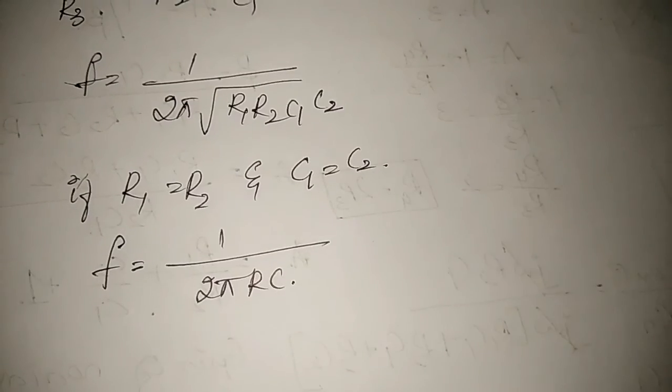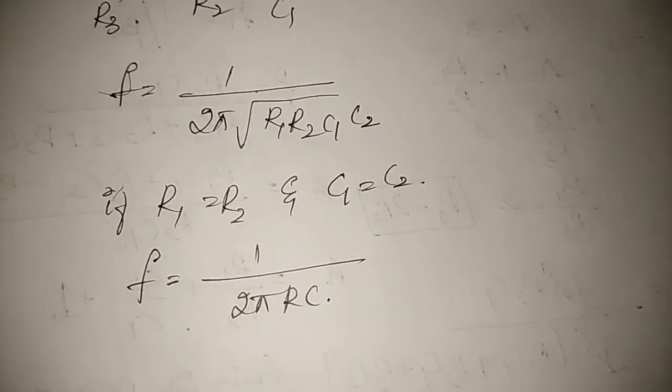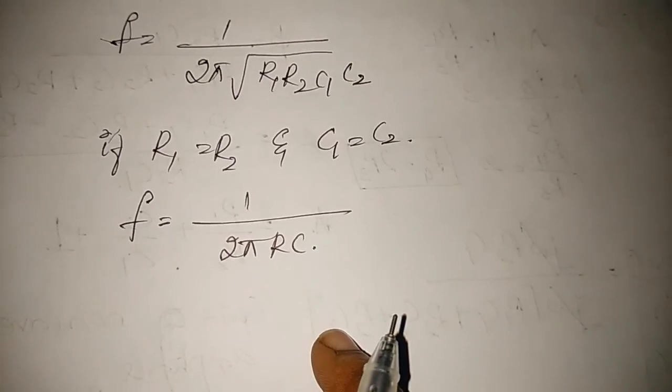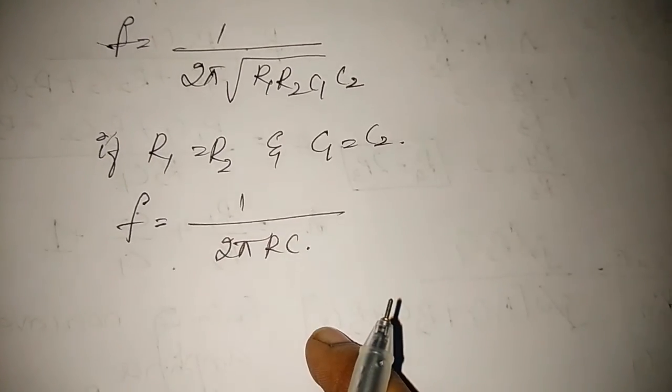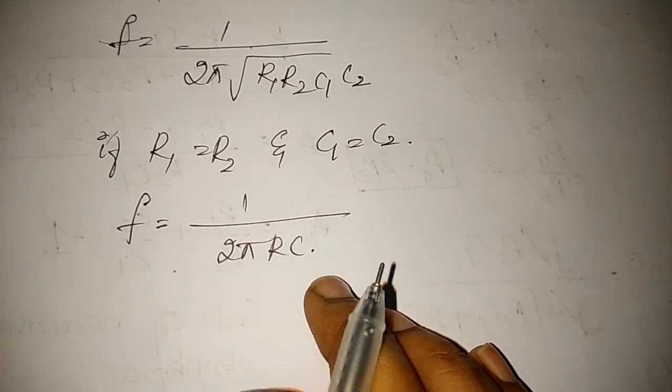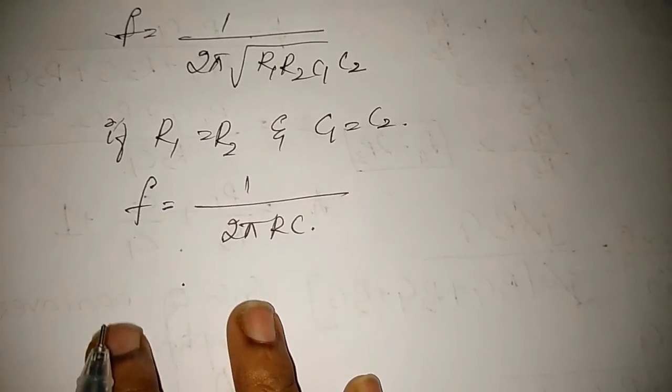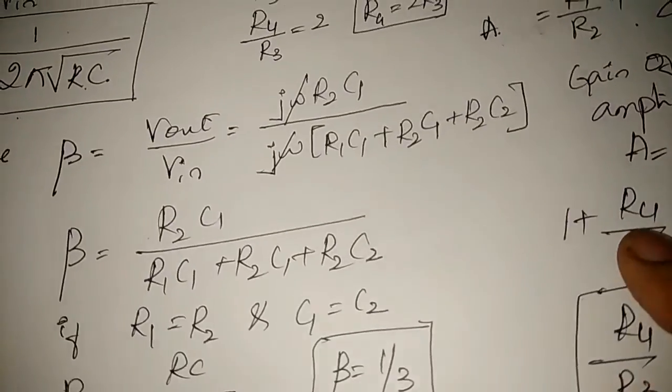And the ratio of R4 to R3 must be greater than 2 to provide sufficient loop gain for the circuit to oscillate at resonant frequency. That is what you have got, a ratio of R4 by R3 you got as 2, right? So it should be greater than 2.